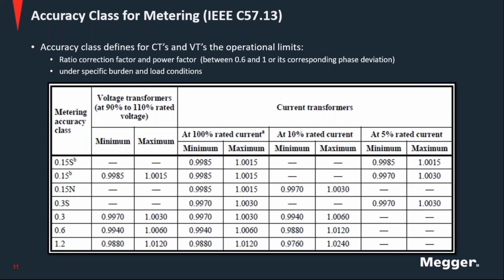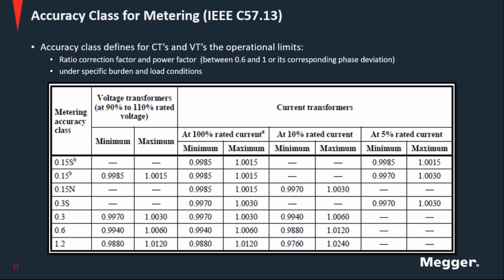The ratio correction factor defines a minimum and a maximum. Every transformer has a transformer ratio, and you can define the ratio correction factor from that error, creating a minimum and maximum deviation in magnitude, and we also have the maximum deviation in phase defined.